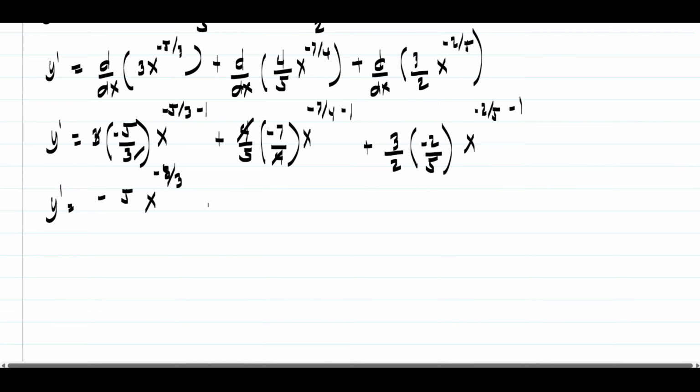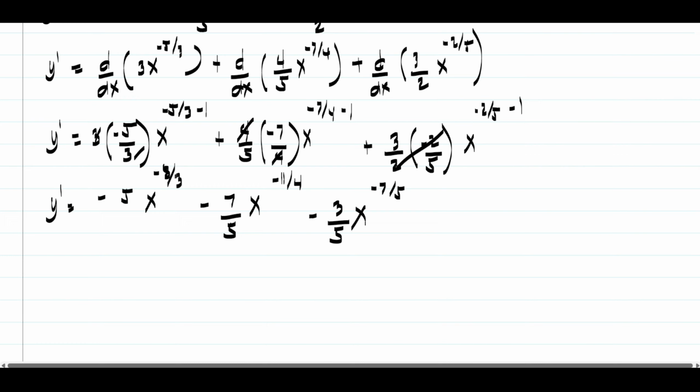This is negative 7 over 5 x raised to negative 7 over 4 minus 1, that is negative 11 over 4, or negative 7 minus 4 is negative 11, copy the denominator 4. And we can cancel 2. This will give us negative 3 over 5 x raised to negative 2 over 5 minus 1, that is negative 7 over 5, or simply negative 2 minus 5 is negative 7 over 5.